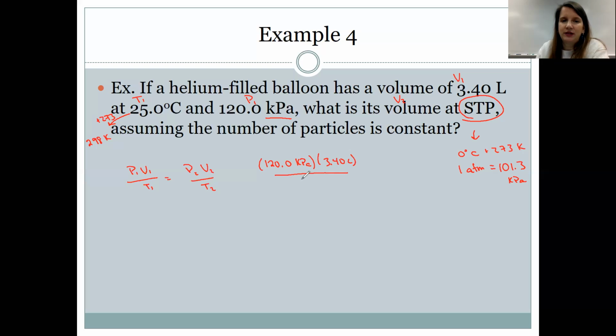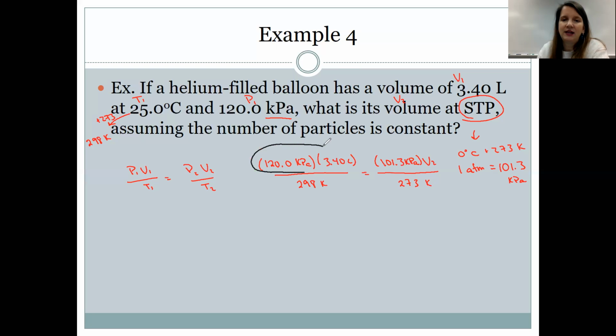And my temperature 1 is 298 K. My pressure 2 is my standard pressure in kPa, times my V2 over my T2, which is 273 Kelvin. So just like last time, I'm still going to cross multiply. It's just that this time I have a little bit more numbers.